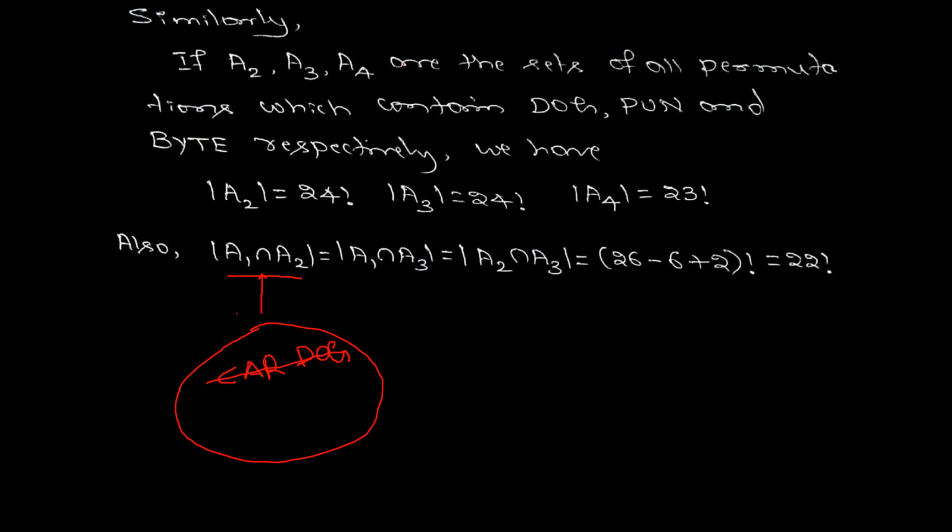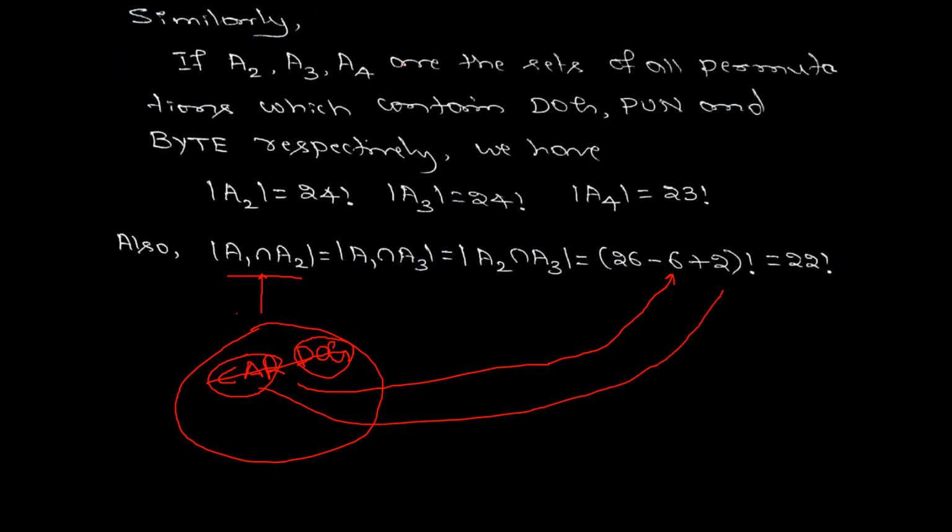Now we go in a similar way. We remove 3 plus 3 from 26. 3 plus 3 is 6. So we have removed 6, that is 3 plus 3, and we consider this as a block, and we consider this also as a block. So we have replaced these two words with two single blocks. So the number 2 is added here, and 6 has been removed. The sum gives 22 factorial.